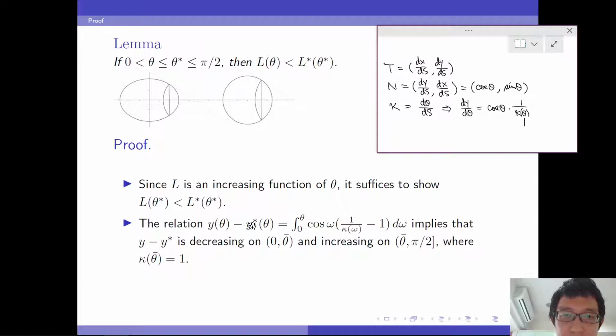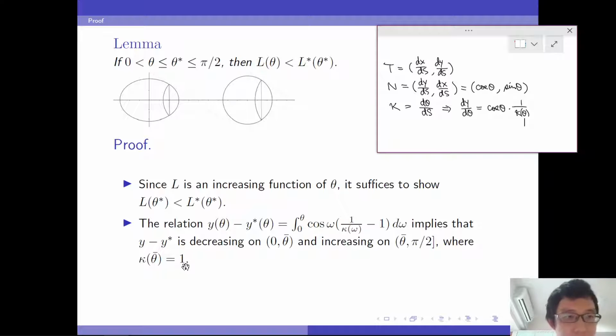And correspondingly, on the unit disk, since the curvature is 1, we have y star equal to the integral of cosine times 1. So this relation implies that y minus y star is decreasing on the interval 0 to theta bar and increasing on theta bar to pi over 2, where theta bar is the angle where the curvature of the boundary of omega is exactly 1.